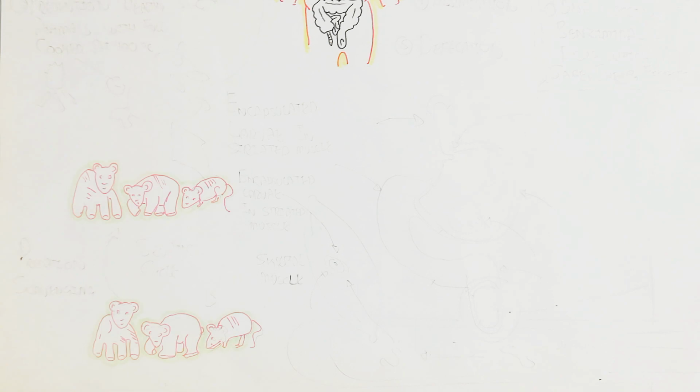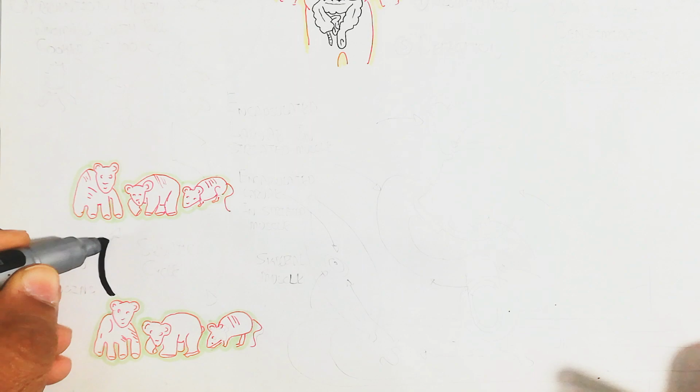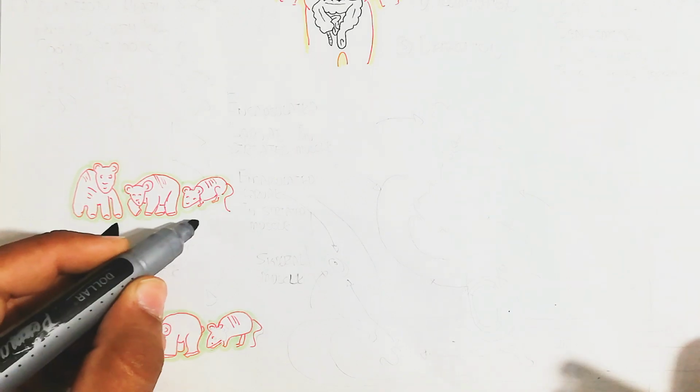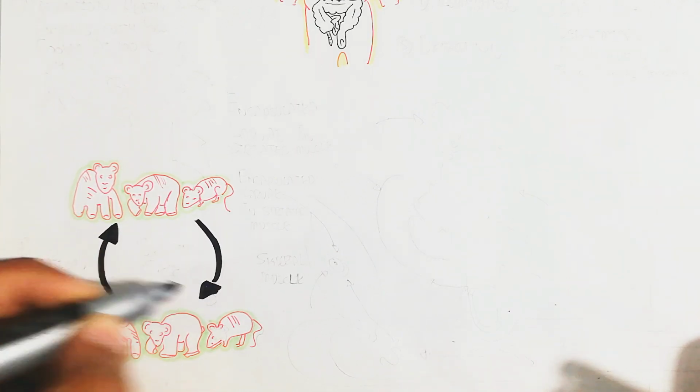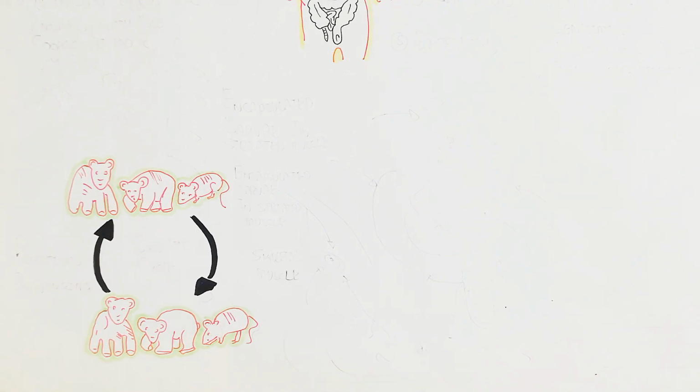This is the predation and scavenging by different animals, which transmit this Trichinella from animal to animal. This animal-to-animal transmission is the sylvatic cycle.